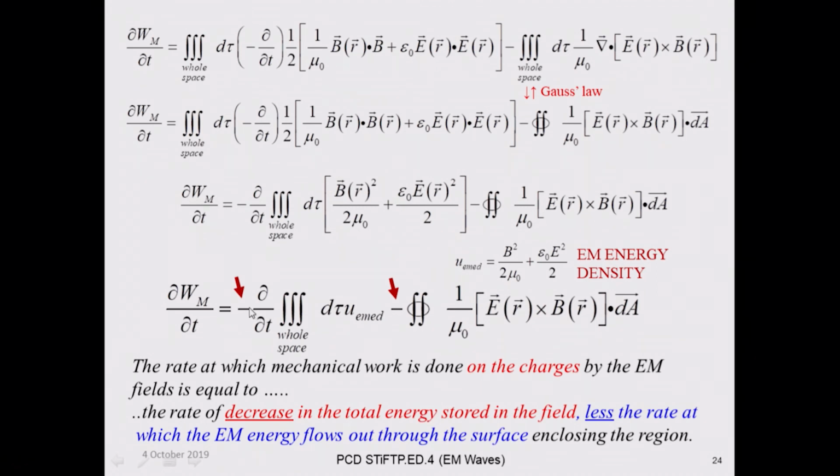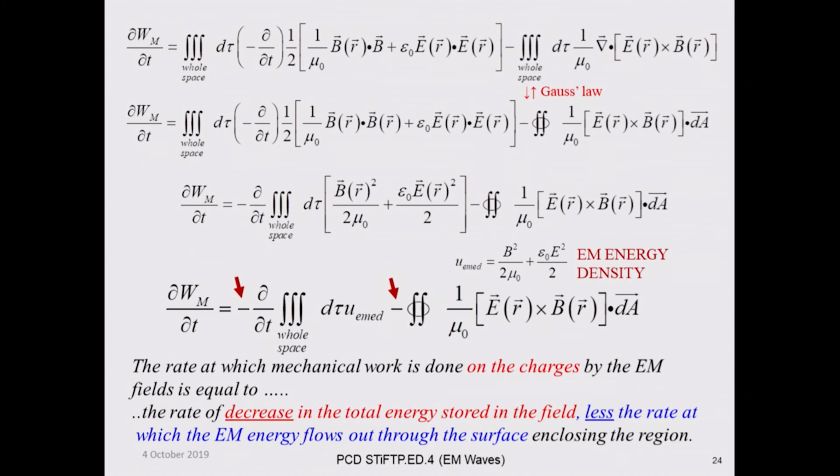This is the minus sign, but then there is some more which is depleted, which is given by the rate at which the electromagnetic energy, whatever is not depleted, flows out of the region. Some of it will escape, and that is given by the surface integral, because this is surface integration over the whole surface which encloses this.